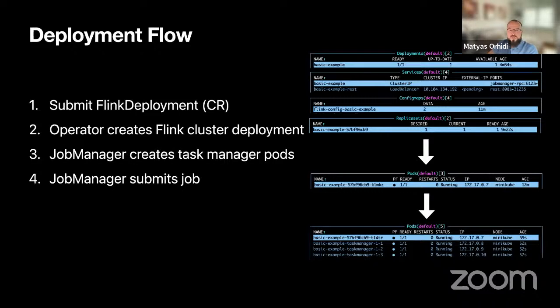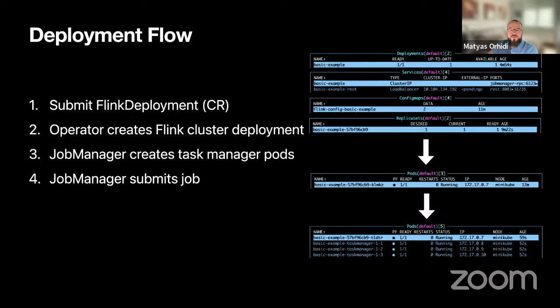So let's see what happens under the hood during the initial loop when a new Flink deployment is submitted to the cluster. Users usually interact with the cluster using the Kubernetes command line tool, kubectl. When a Flink deployment is submitted on the cluster, the operator will first create a deployment for the job manager and a few additional objects too.